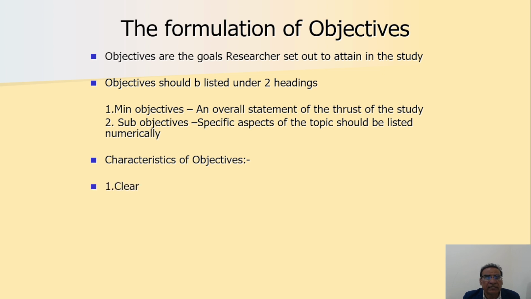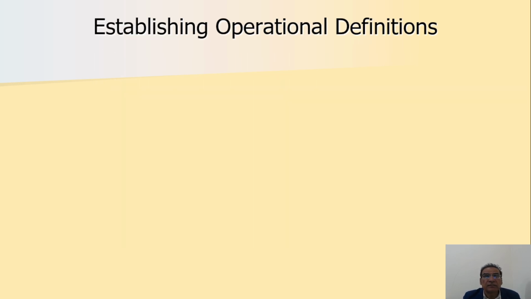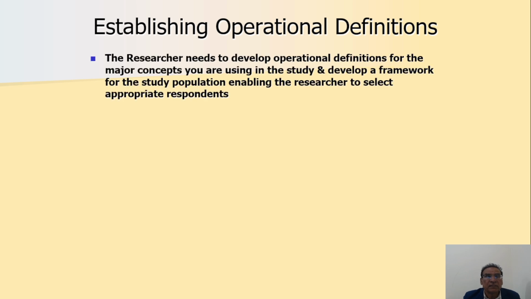Characteristics of objectives: they should be clear, complete, specific, identify the variables to be correlated, identify the direction of the relation, and establish operational definitions. The researcher needs to develop operational definitions for the major concepts used in the study and develop a framework for the study population, enabling the researcher to select appropriate concepts.